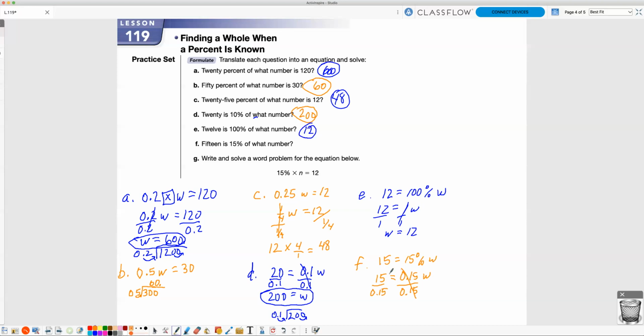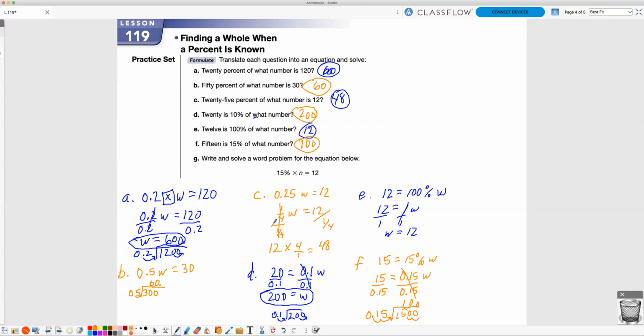Now I have W equals 15 divided by 15 hundredths. If I move the decimal over 2 places to the right, I've got to move it over 2 places to the right here, throw in a couple zeros. So that's 1500 divided by 15. That would be 100. So my answer for this one would be 100.